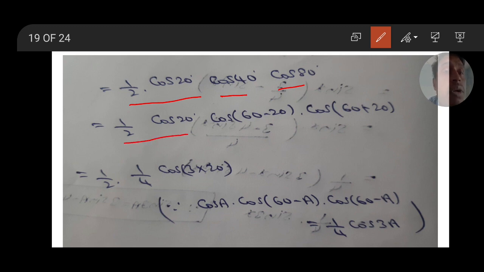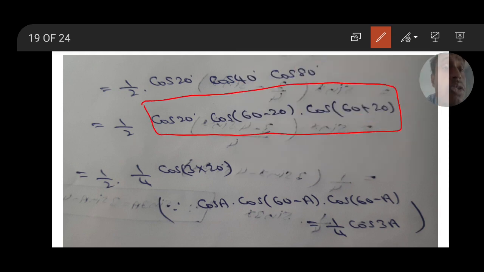1 by 2 into cos 20 as it is. Cos 40 can be written as cos(60 minus 20), which means 40 degrees, and 80 can be written as cos(60 plus 20). Now these three terms, cos 20, cos(60 minus 20), cos(60 plus 20), are of the form cos a, cos(60 minus a), cos(60 plus a), that is 1 by 4 cos 3a.